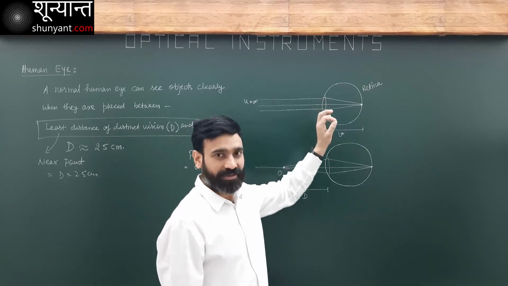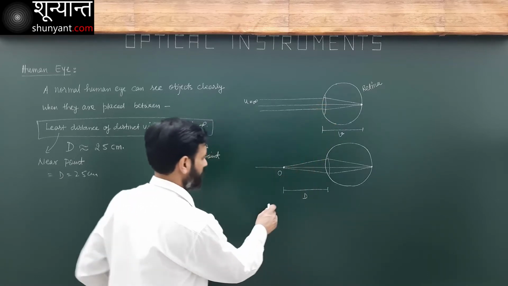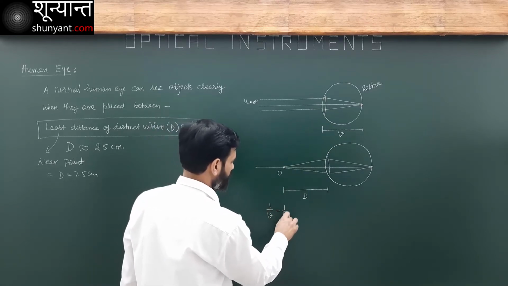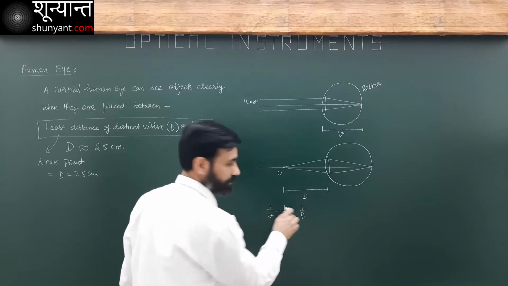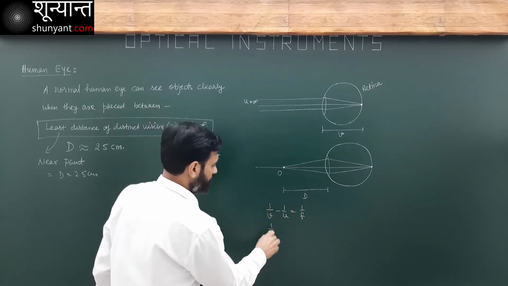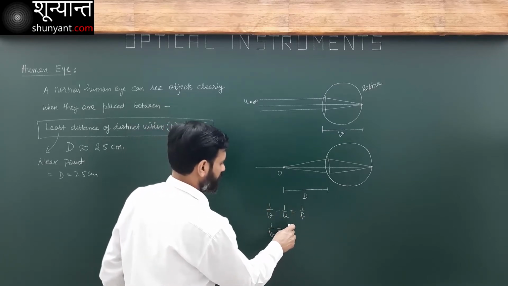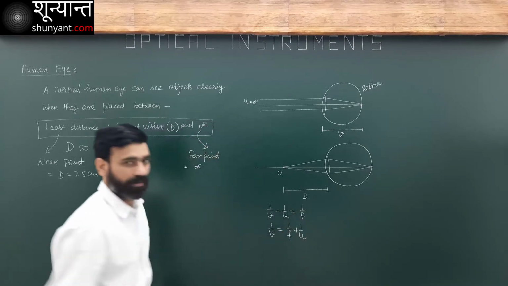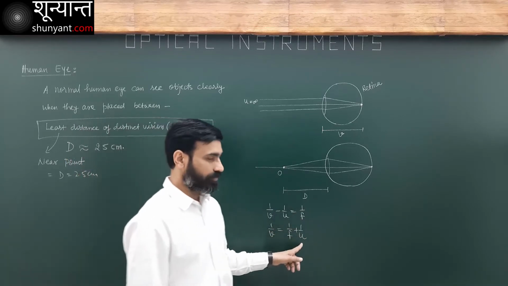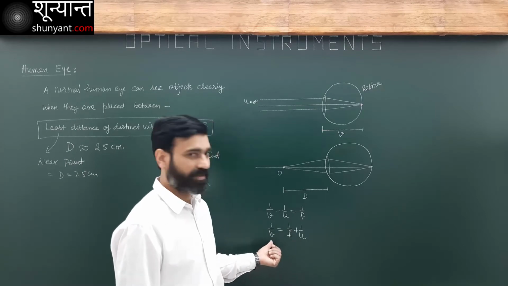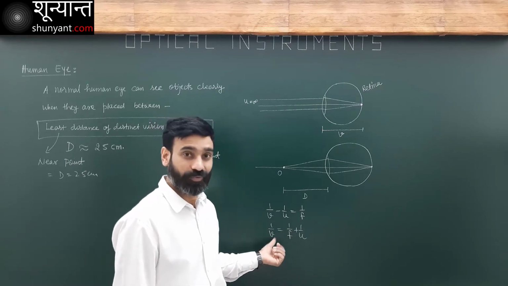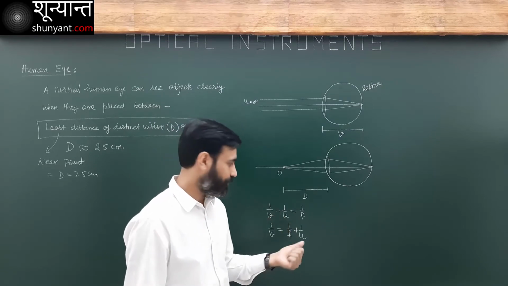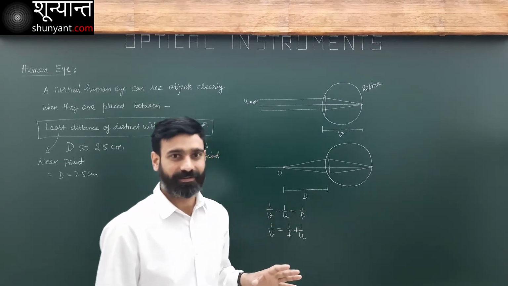Here I have a convex lens. If I use the lens formula, 1 over V minus 1 over U is 1 over F, so 1 over V is equal to 1 over F plus 1 over U. If I change U, then V should change, if I assume that the focal length remains constant.